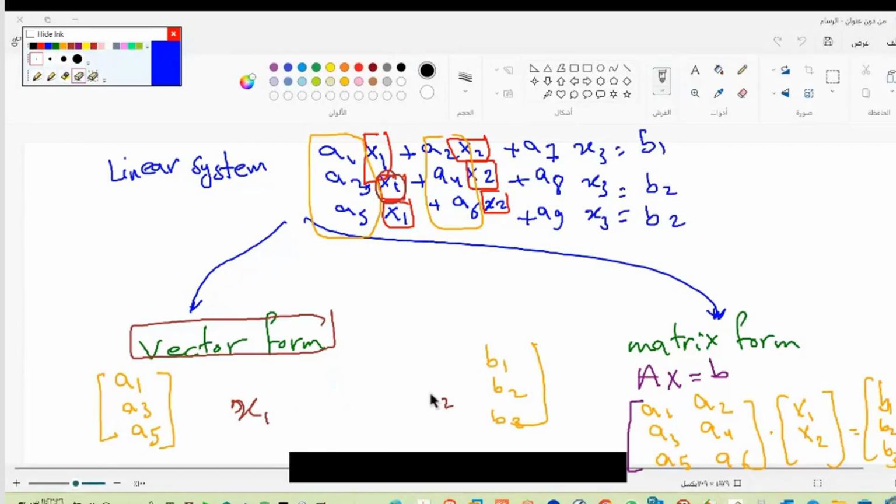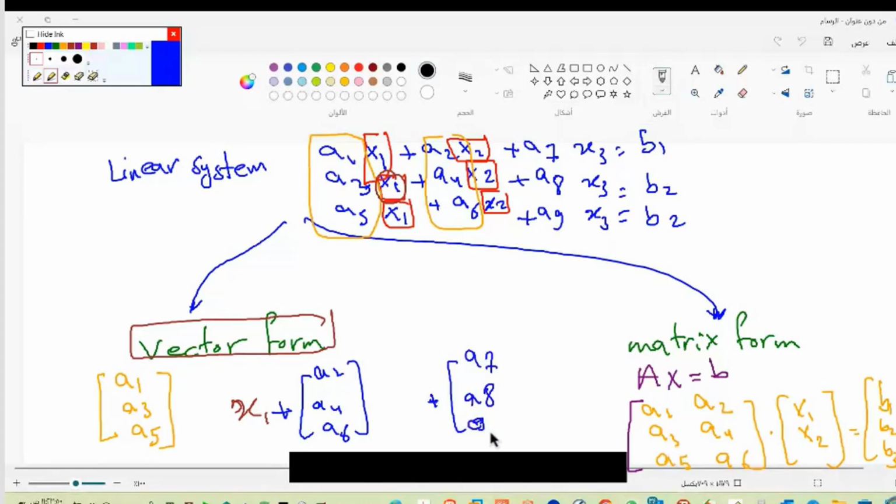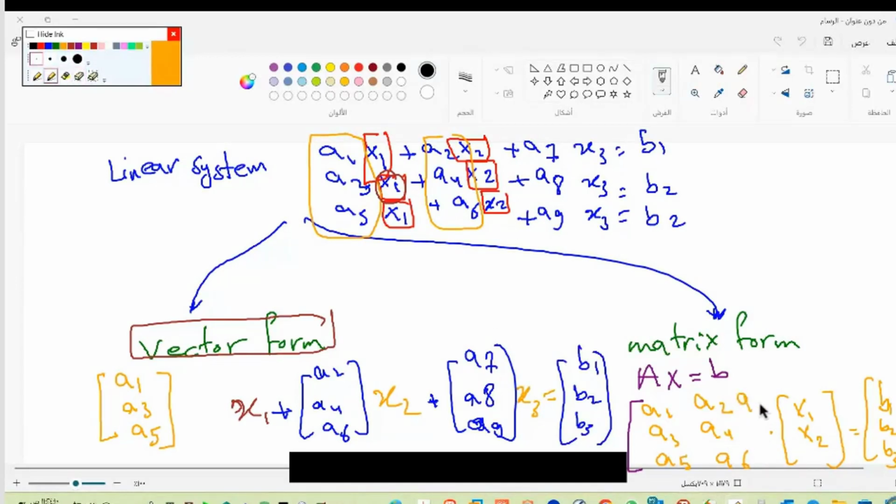I will rewrite: A1, A3, A5 plus A2, A4, A6 plus A7, A8, A9, times X1, X2, X3, equal this one, B1, B2, B3.